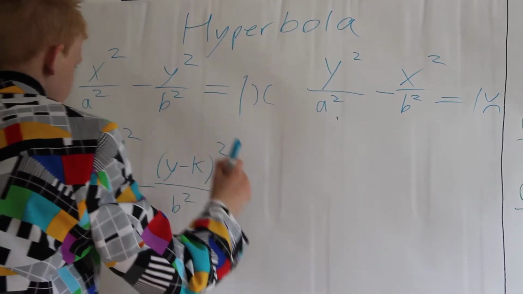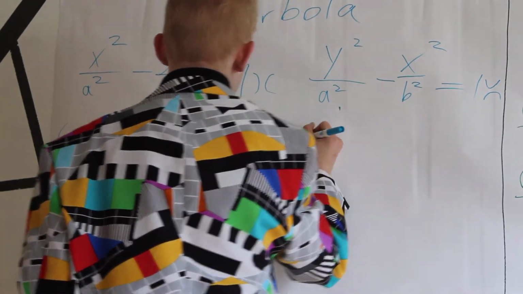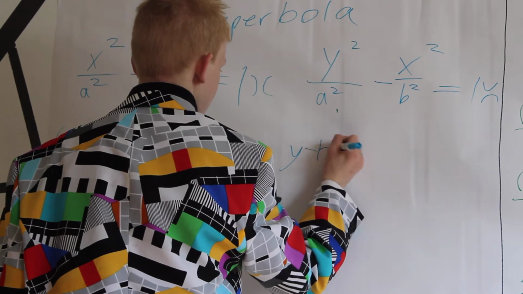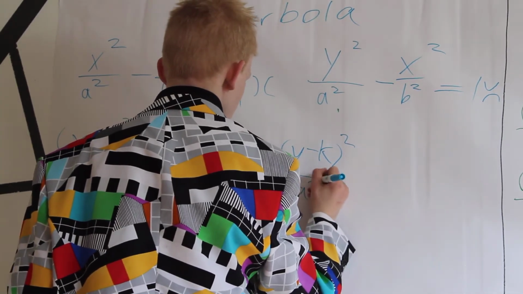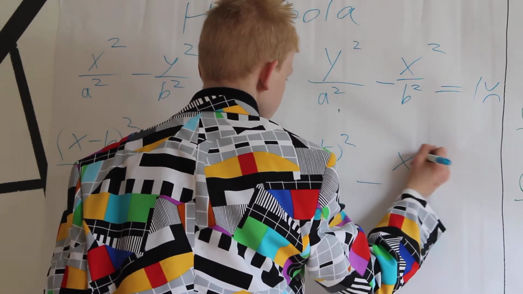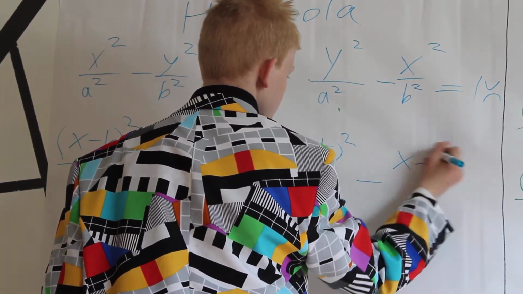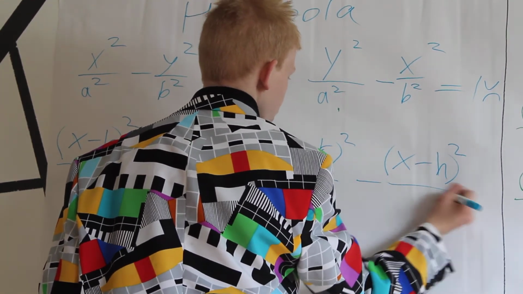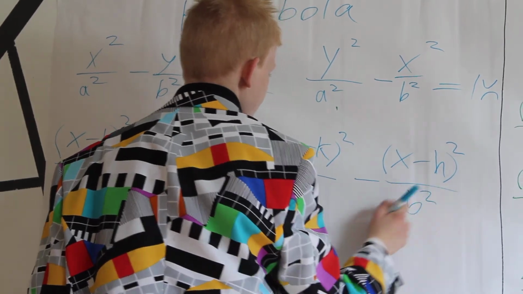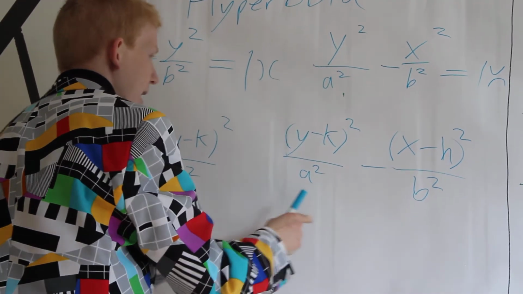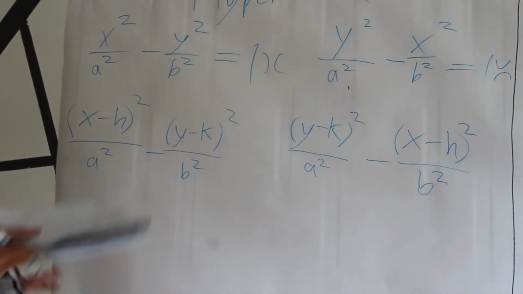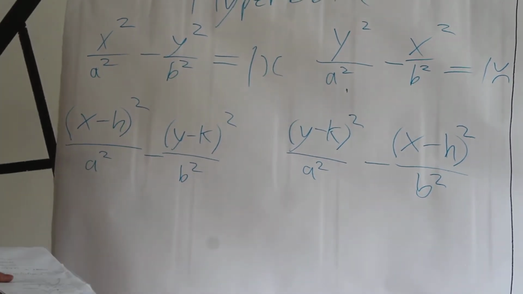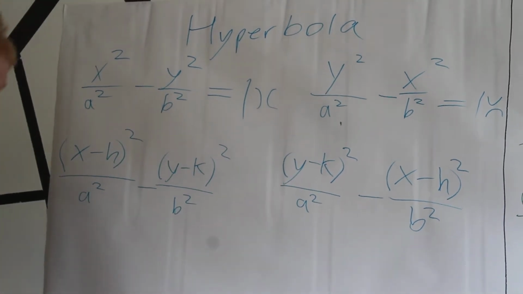And then the same thing for this one, which would be y minus k squared over a squared minus x minus h squared over b squared. As you can see, k is always going with y and h is always going with x. Because h has to do with the x-axis, k has to do with the y-axis.